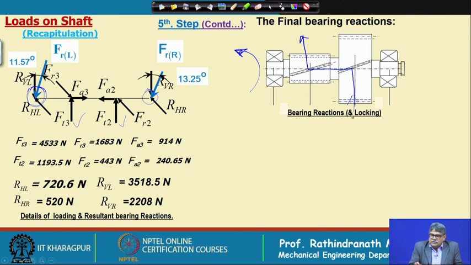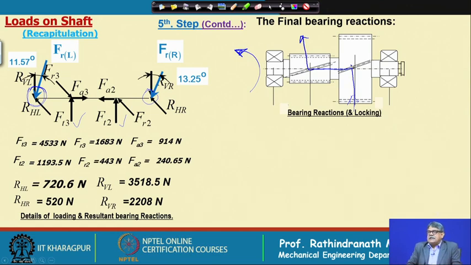Now, the radial load is acting from this side. On this gear it is F R2, and on this pinion it is acting from the other side, which is F R3. Then finally, we have calculated the axial loads.